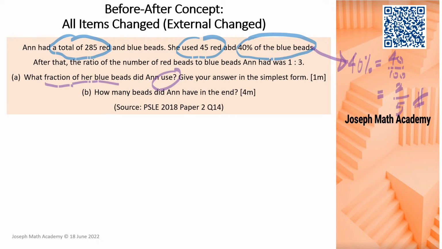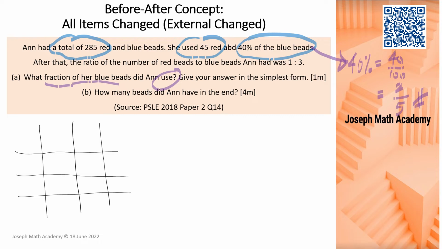Using part A, I can draw my BCA table. It goes like this. It's 4 columns and 4 rows. Let's talk about the columns first. The columns represent the 2 items, the 2 variables. So I have the color red and the color blue.